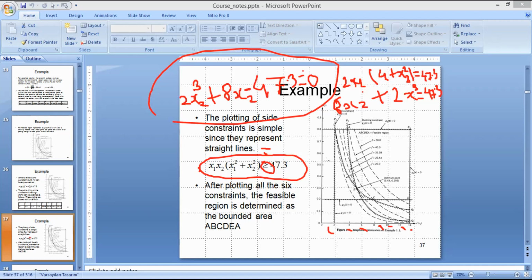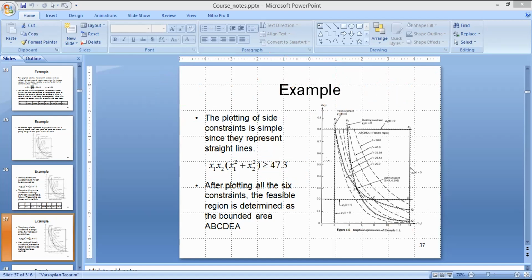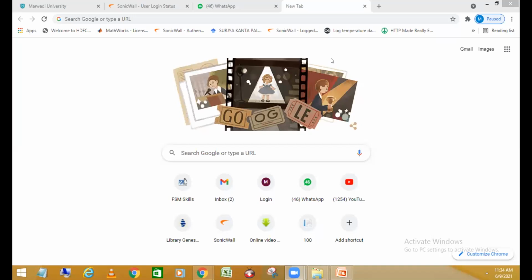So what I'm going to do, see, this way you can also learn.